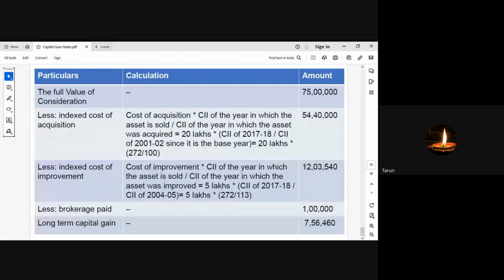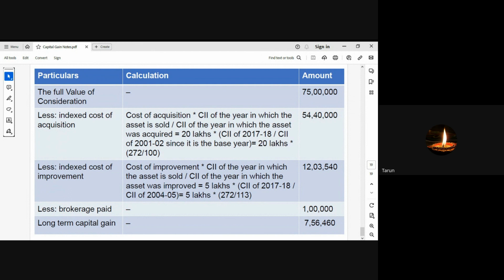It's very simple. The cost of acquisition formula is the CII of the year in which the asset is sold, divided by the CII of the year in which the asset was acquired. That means the asset was purchased. So the cost of acquisition multiplied by the CII of the year in which the asset is sold, divided by the CII of the year in which the asset was purchased.